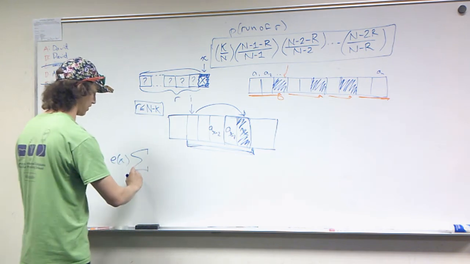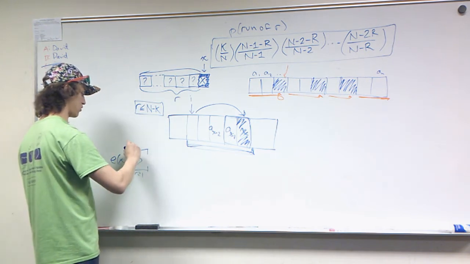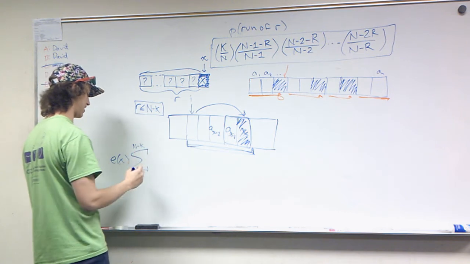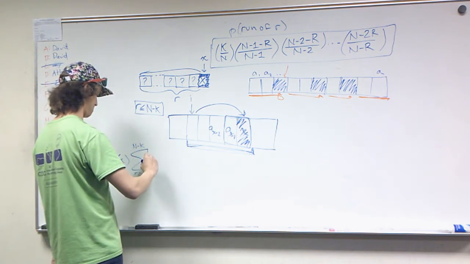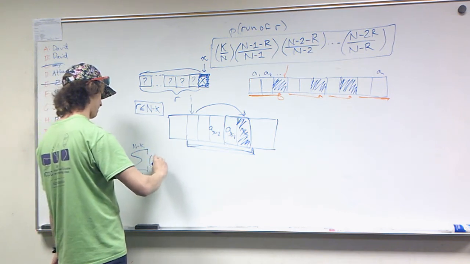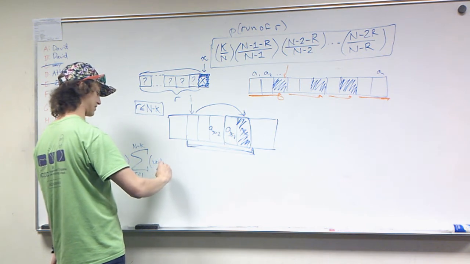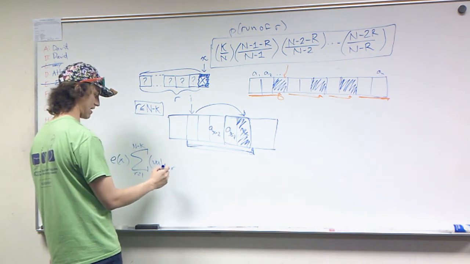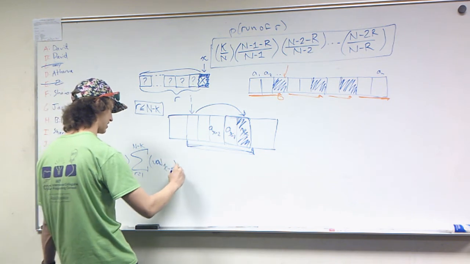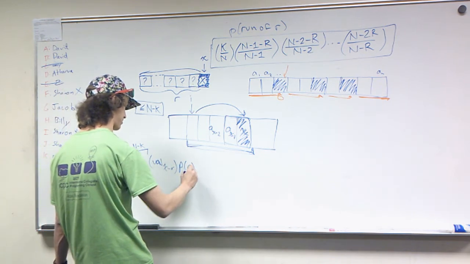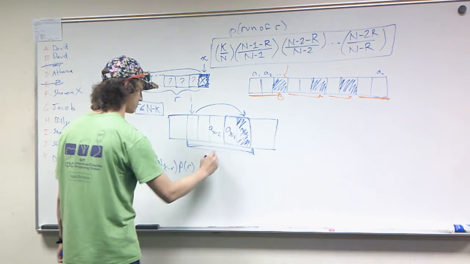So for all run lengths from 1 to n minus k, because that's the longest you can have, it's the value of x minus that run length times the probability of getting that run length.